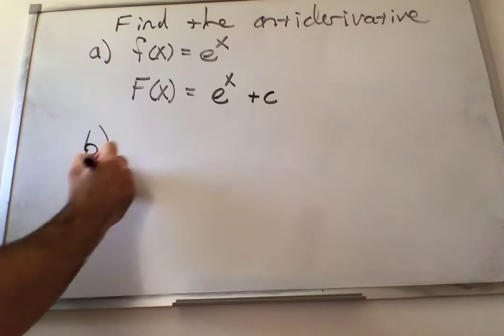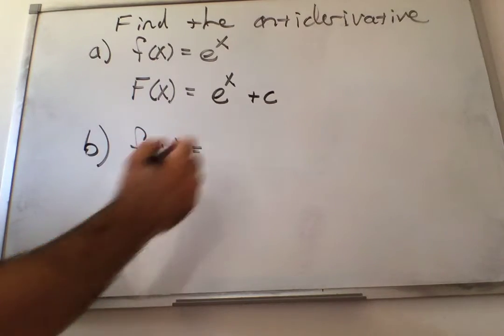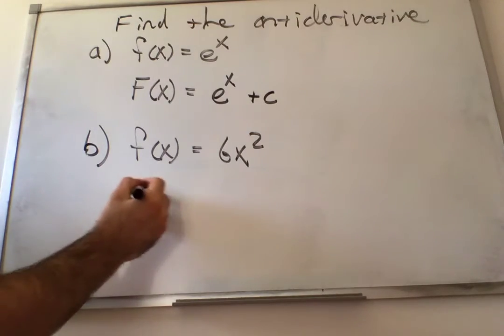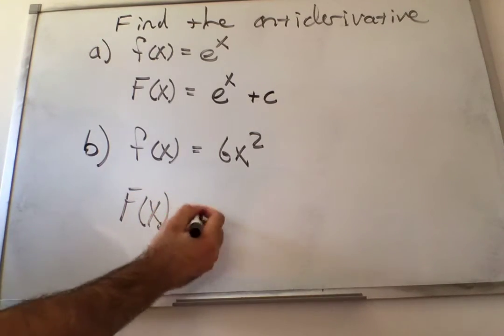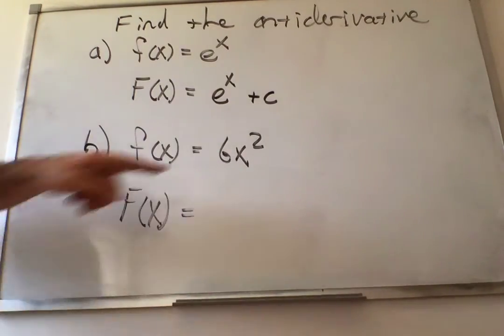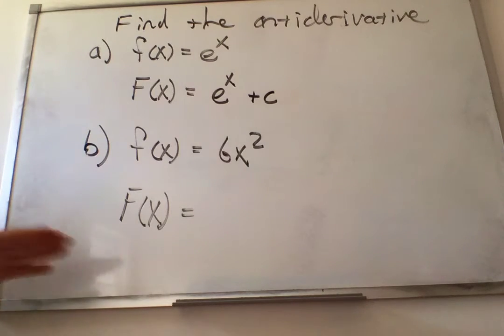Now let's look at the next one. Little f of x is equal to 6x squared. So we need to find the antiderivative. So this is a power rule again. Okay, we've got a power function here. So if we were to go backwards, remember, if we have a power function, we should have another power function down here.